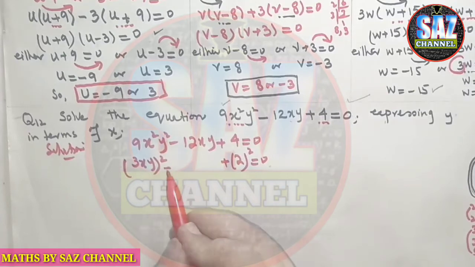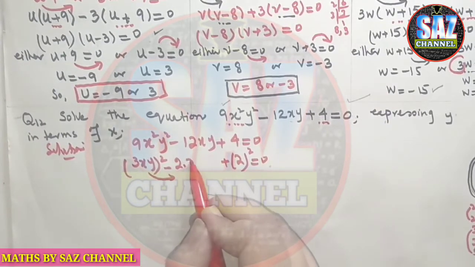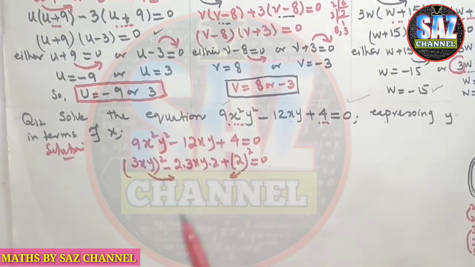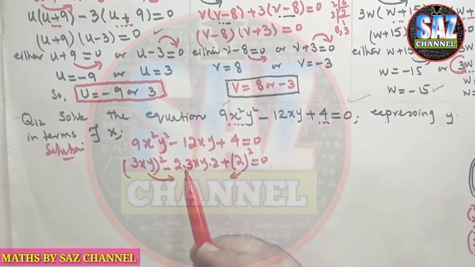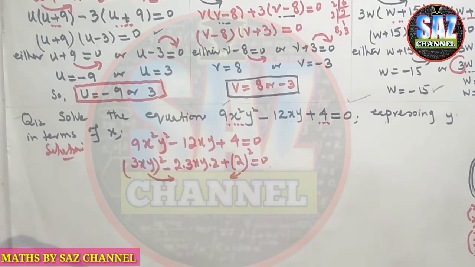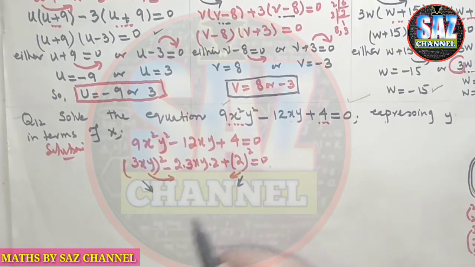Coming to the middle term, from the formula, a of the question is 3xy and b is 2. 3 2s are 6, 2s are 12. By writing this in this way, we can express it in the form a square minus 2ab plus b square. Now I have to write it in the form of a minus b whole square.